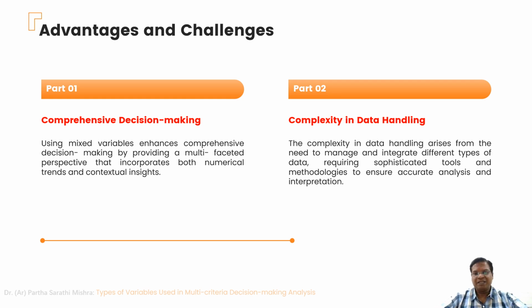Next, for the mixed method approach, what are the advantages and disadvantages? We have a comprehensive decision making process, whereas the complexity of data handling for all types of variable scaling systems is a little bit confusing and complicated.